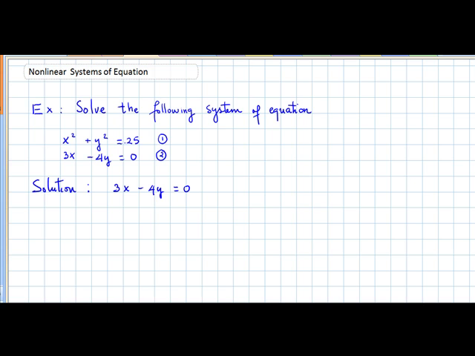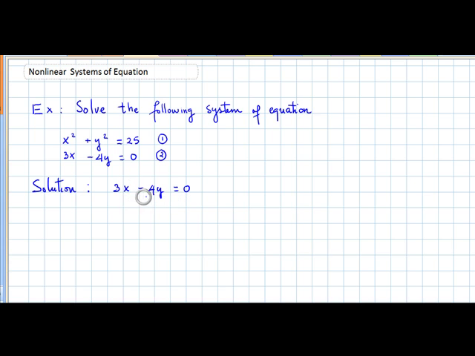And this method says, well, I want to rewrite one of the equations such that one variable equals the other variable. To do that, I see that equation 2 is actually easy to solve for either x or y. So I'm going to use equation 2 to solve for x in terms of y.